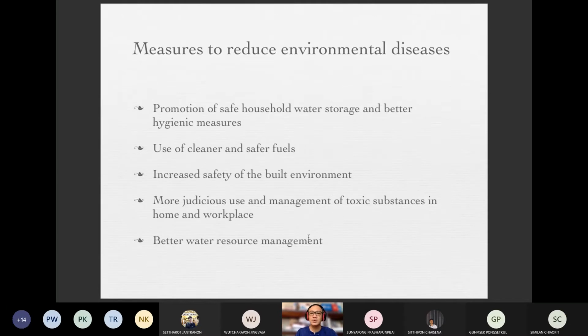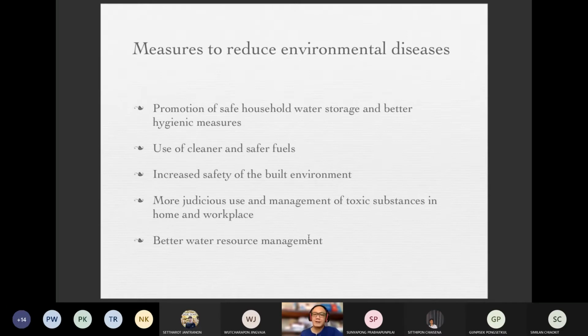If we want to minimize the number of cases suffering from disease caused by poor environments, what can we actually do? Government agencies or the authorities in charge should promote safe household water storage.